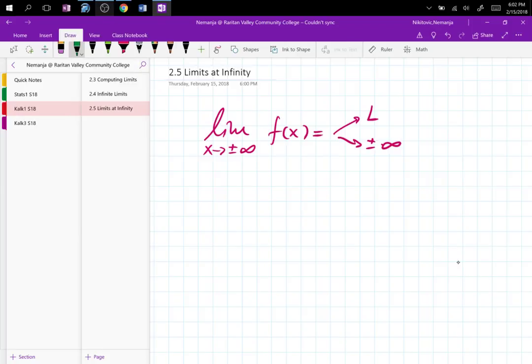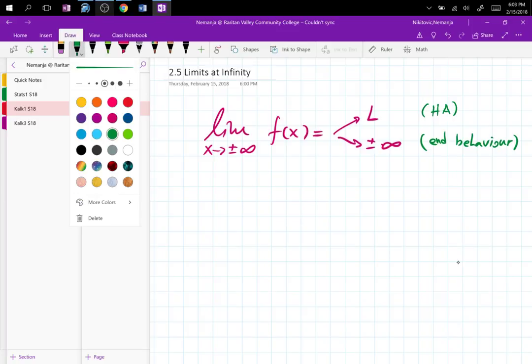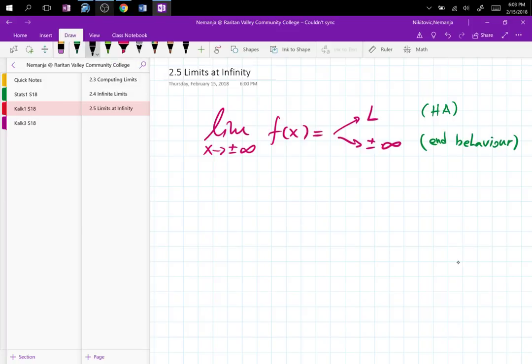The top one here will be the horizontal asymptote, and the one on the bottom is end behavior. So those are the two concepts that we will deal with. Let's start with the end behavior.